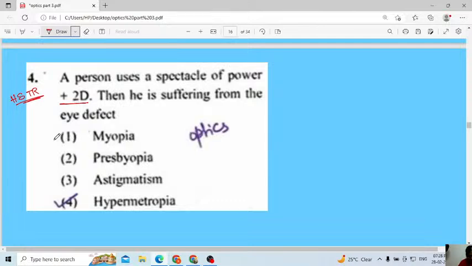The retina is on the back side of the eye, but the lens is on the front side. Don't worry, I will send my link, then you will come to know exactly what the meaning is.